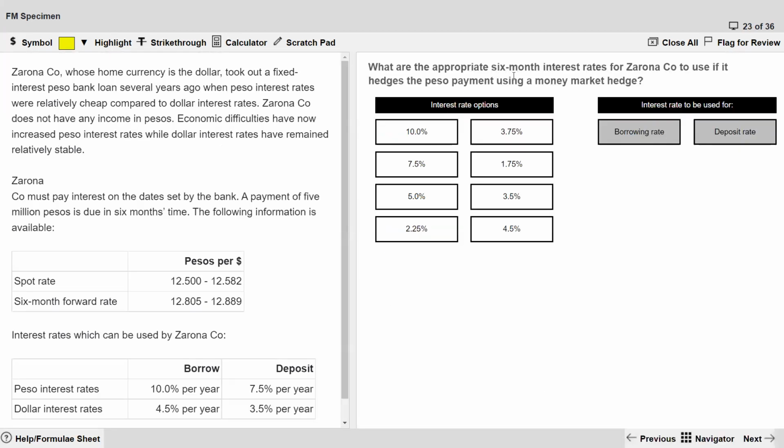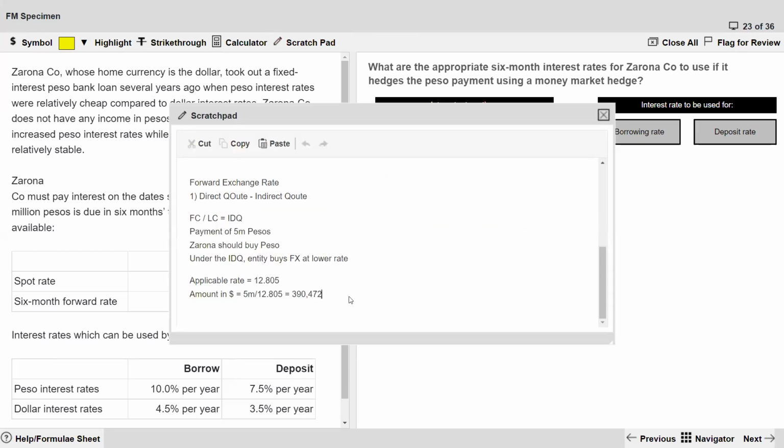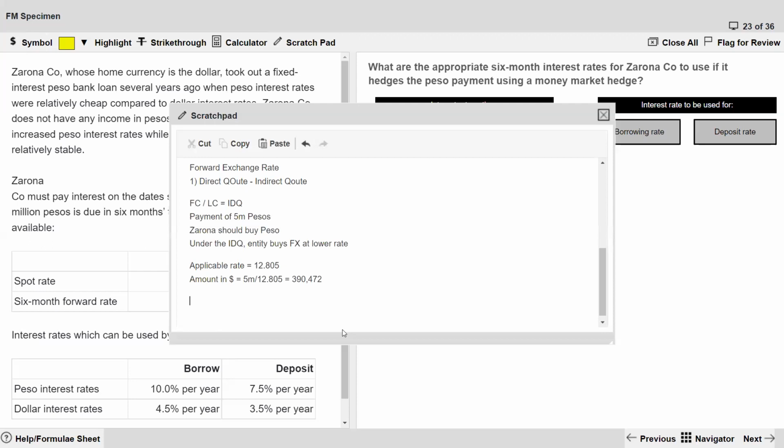Next it says what are the appropriate 6-month interest rates for Zarona to use if it hedges the peso payment using a money market hedge. Try to understand what happens under the money market hedge. We borrow in one currency and deposit in another currency.